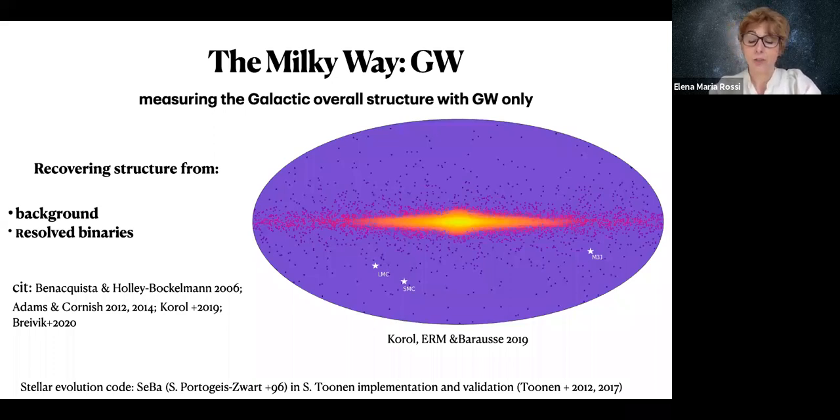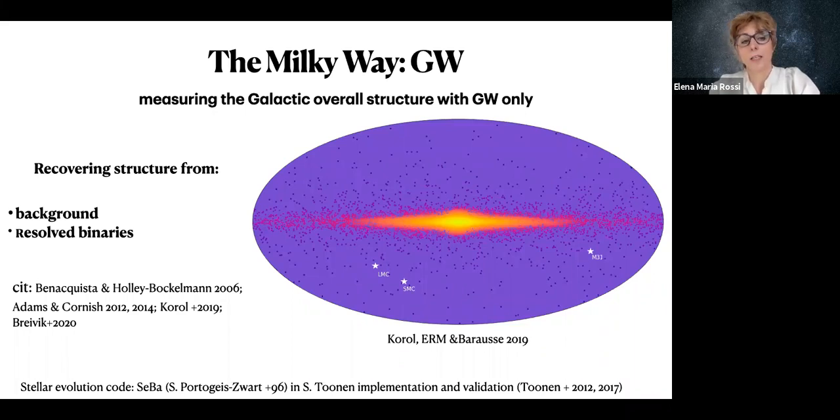So this is how the Milky Way in galactic coordinates, the same ones that you've seen in the Gaia sky map, will appear in gravitational waves. As far as I know, so far, there have been two methods to characterize, for instance, the disk of the Milky Way using white dwarfs.